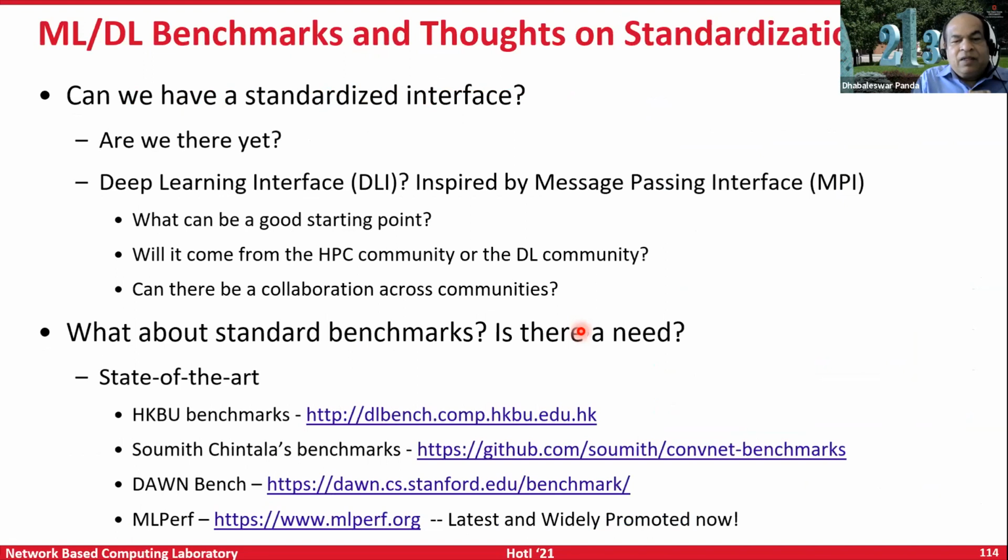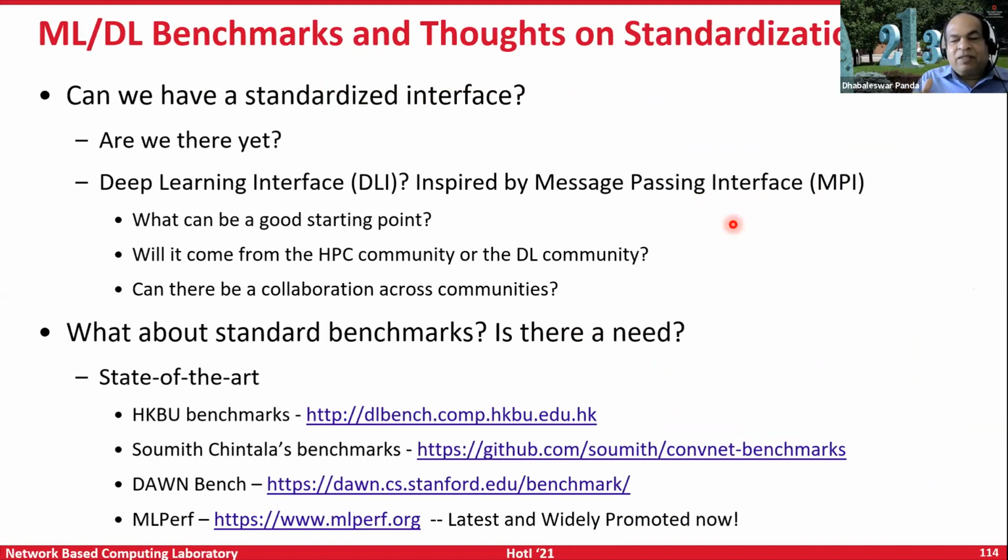And then behind the scenes, you can bring things from the memory to the GPU or GPU to the memory. While all these things are going on, people have also been talking about standardization. Nowadays, there are a lot of different solutions and frameworks. There's a lot of competition going on, but that is natural. Anytime a new field comes up, this is exactly what happens. If some of you have been in the HPC field for many years, you would have seen that even before MPI came into the picture, exactly the same thing happened.